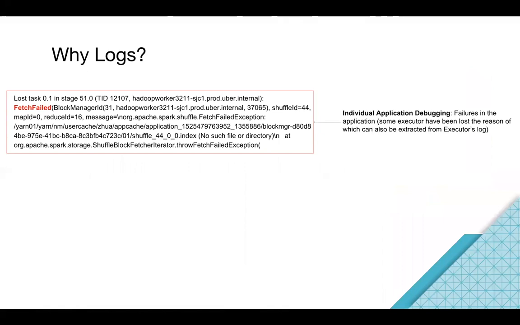Given this line of log, we can see one of our Spark tasks was failed. And by checking the detail in this log entry, we can find out the failure reason is fetch failed. That means this Spark task is trying to fetch some shuffle file, and it just cannot find that file. Then you can traverse around your log file to see whether the executor got killed or you have some problem in your server.